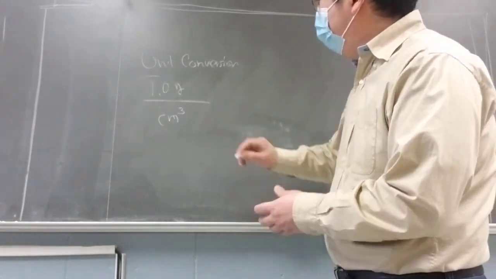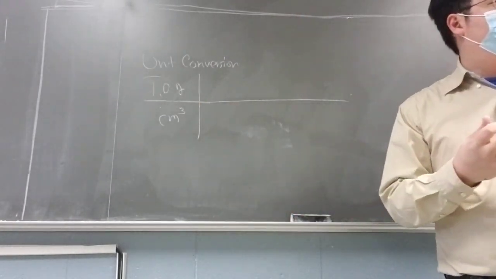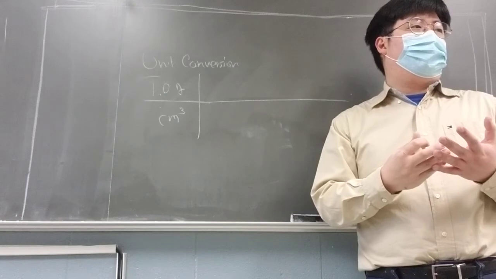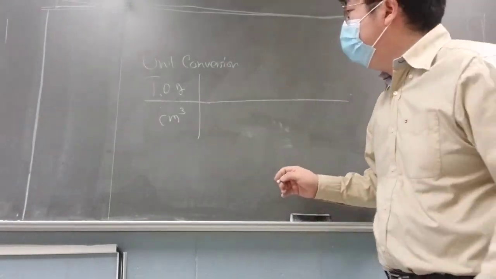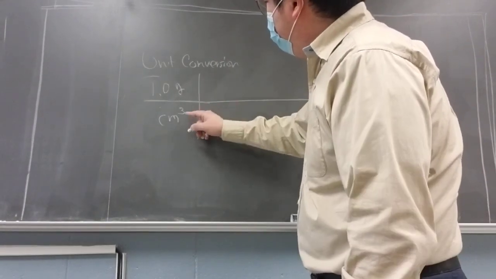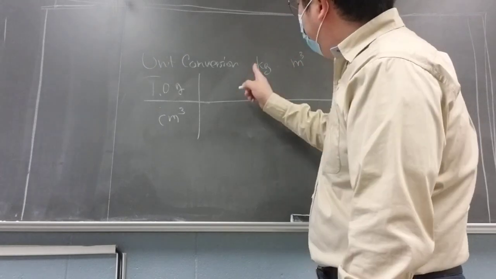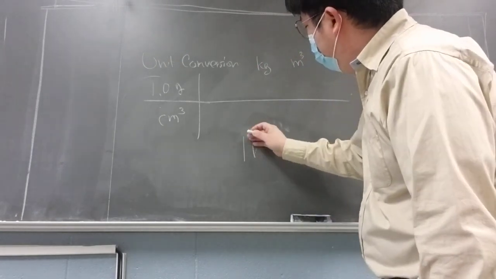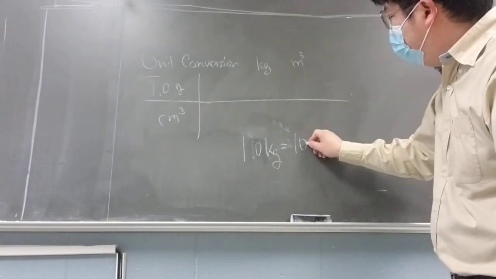Okay, and we're going to make a table. So when you try to do the unit conversion, you need to have conversion factor. So you need to know how long they compare to the other units and everything. So I'll give you the conversion factor, don't worry about it. So we're going to change this one to kilogram per meter cube. So 1 kilogram is equal to 1,000 grams.